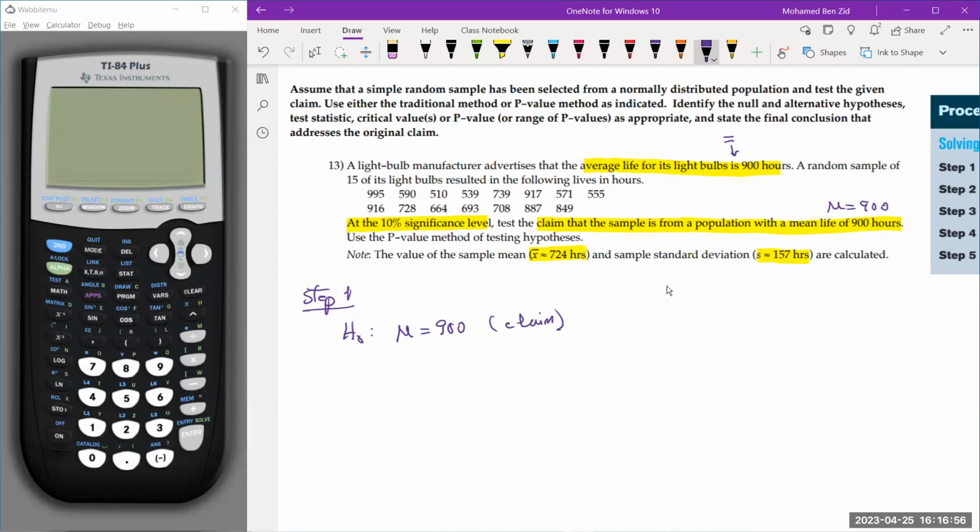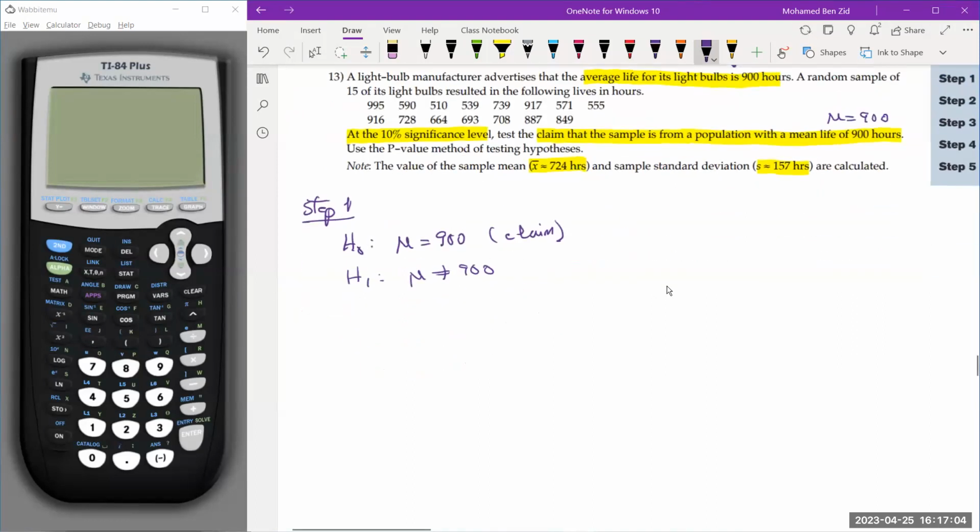And H0 is always with the equal sign. So H1 will be the negation of this, which is different than 900. And this is a two-tail distribution. So your cutoffs are going to be 2 of them, and each tail is going to contain alpha over 2.